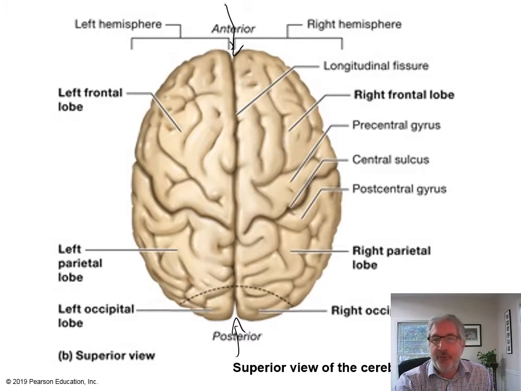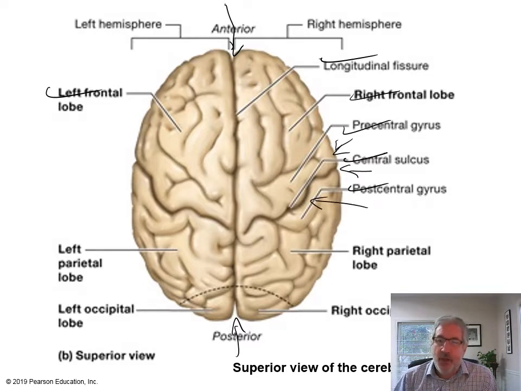Each of these lobes are paired, so you have a left frontal lobe and a right frontal lobe. So you have the median or longitudinal fissure. You have the central sulcus there, and then you have the precentral gyrus there, and a postcentral gyrus there.